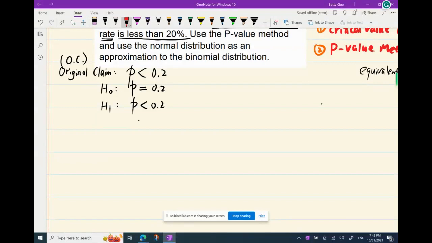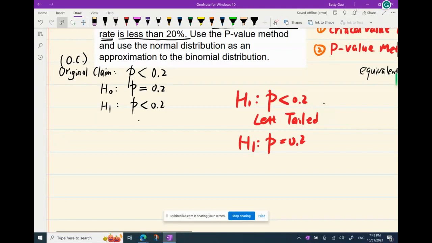So if your alternative, let's use 0.2 just for convenience, is the proportion less than 0.2, then we're going to have a left-tailed test.